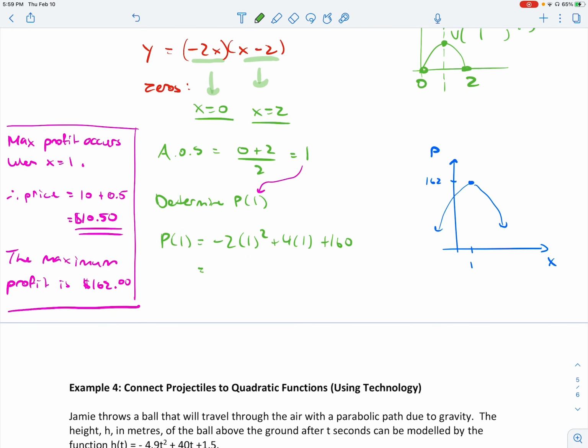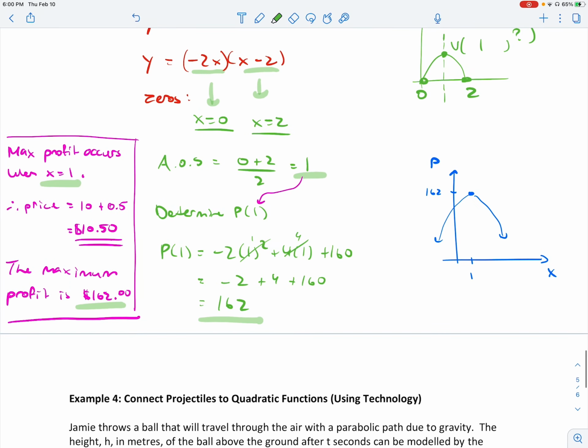Now we're going to have negative 2 times 1 squared. 1 squared is just 1, so negative 2 times 1 is negative 2. 4 times 1 is just 4, so we get plus 4. And then we have plus 160. And I get 162. So you can clearly see from this method, we get the same value for profit, and we also got the same value for the number of price increases.